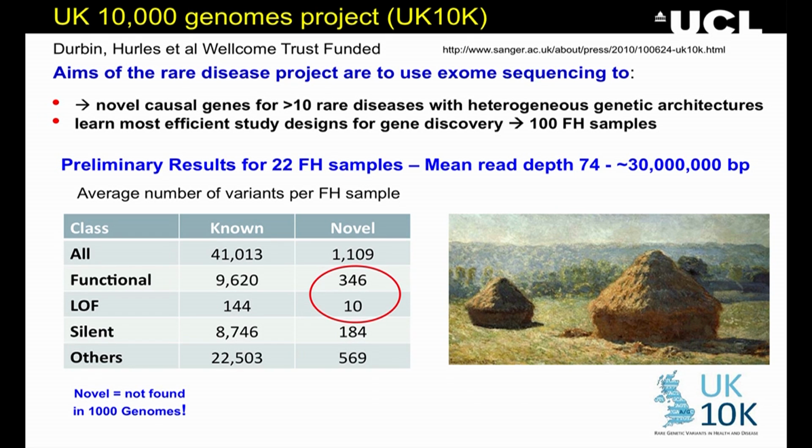This is what's startling. For every patient, and for everybody in this room as well, we get about 42,000 SNPs. And about 1,100 of them have never been seen before. They aren't in any of the databases. They're completely novel.